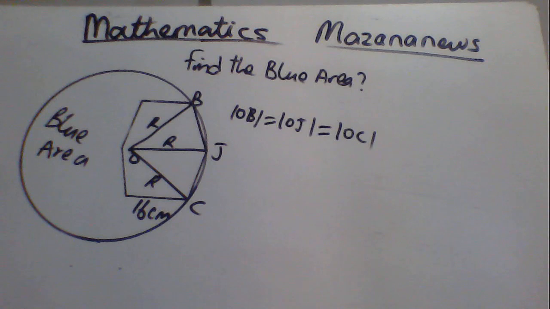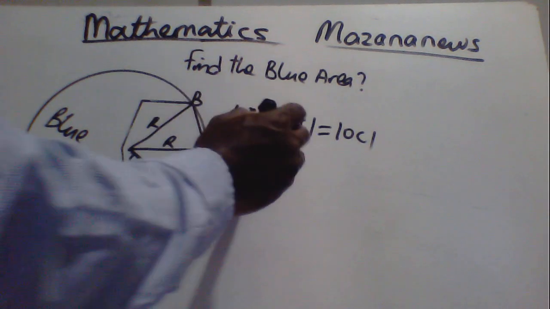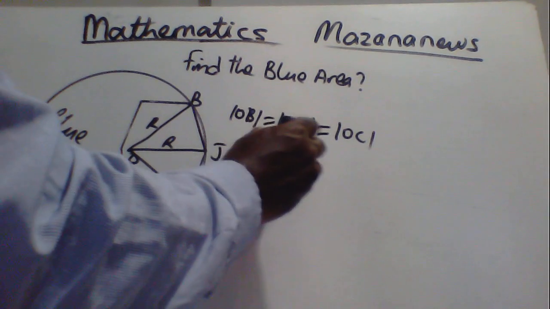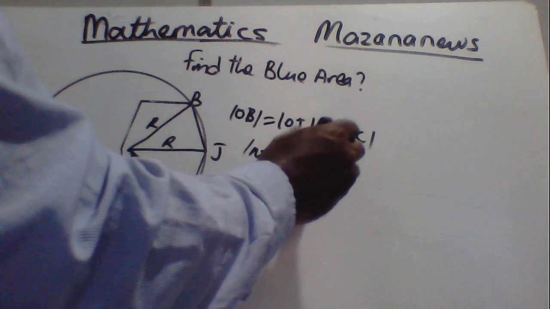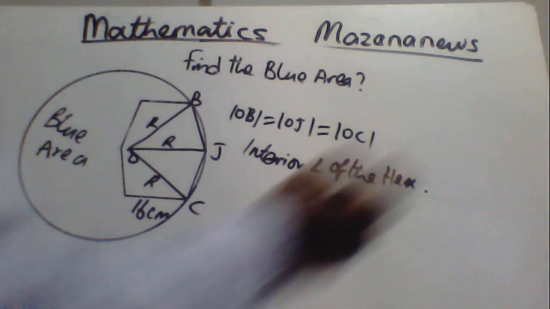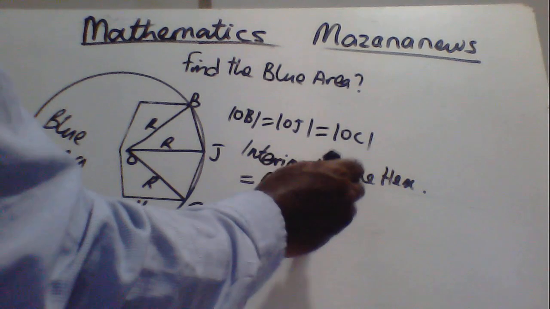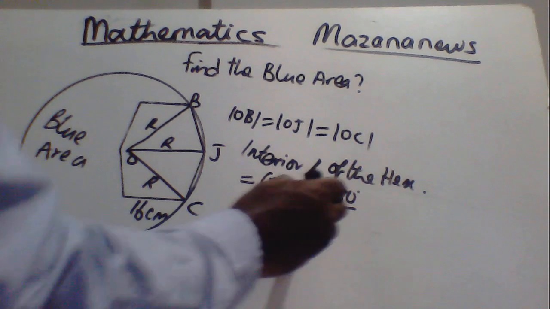And then the second thing you have to know before you proceed is to find the interior angle of the hexagon. The interior angle of a regular polygon is equal to (n minus 2) multiplied by 180 degrees, divided by n.